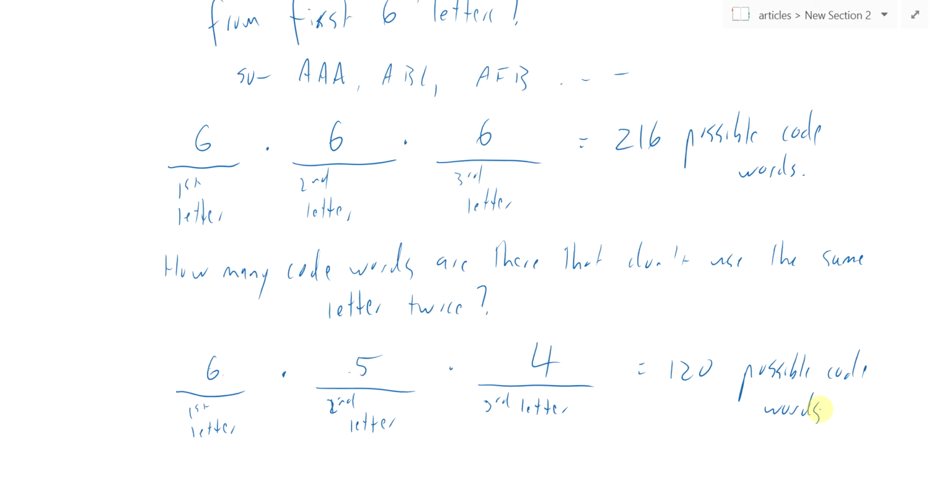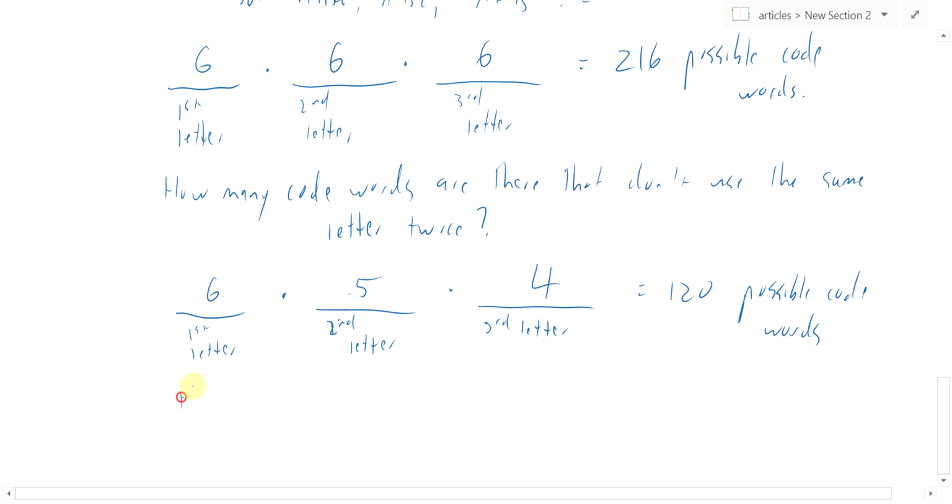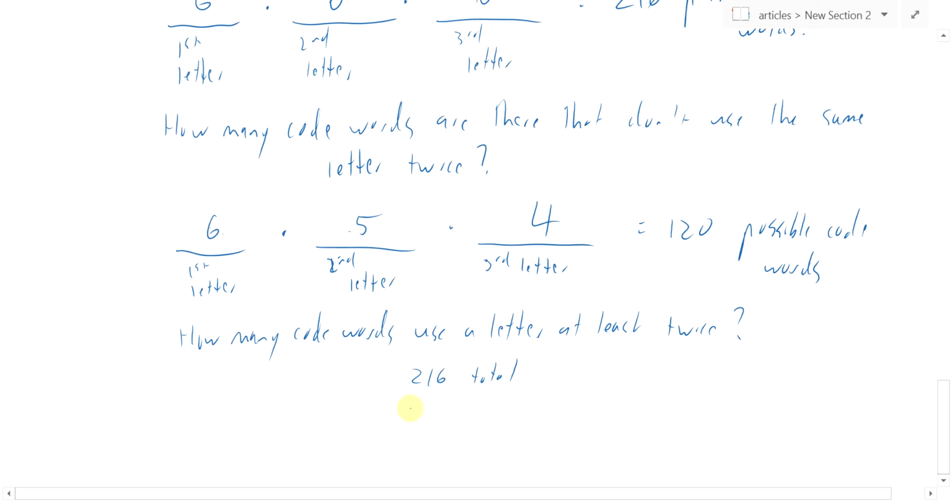So how many code words are there that use the same letter at least twice? Well, 96, right? Because 120 don't use it at all. Well, there's 216 total. 120 don't use the letter twice.